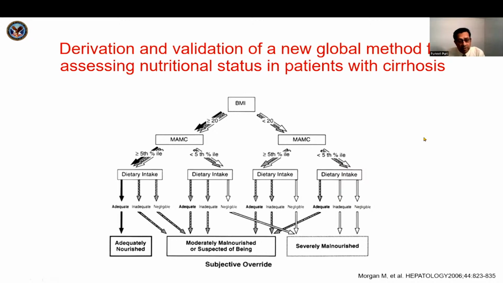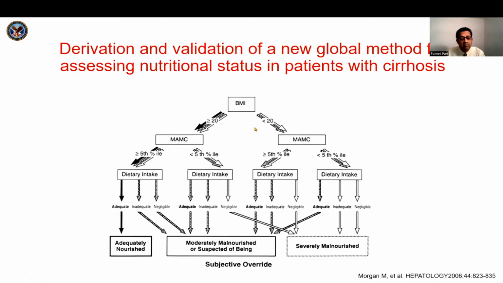Also, the Royal Free College developed and validated a global method for assessing nutritional status in patients with cirrhosis. Through that, they were able to identify who is adequately nourished, moderately malnourished, or severely malnourished.